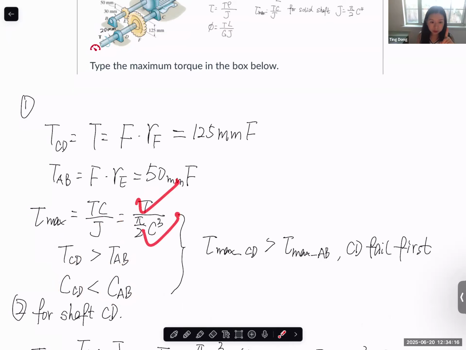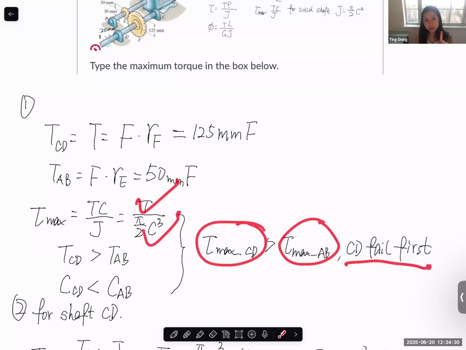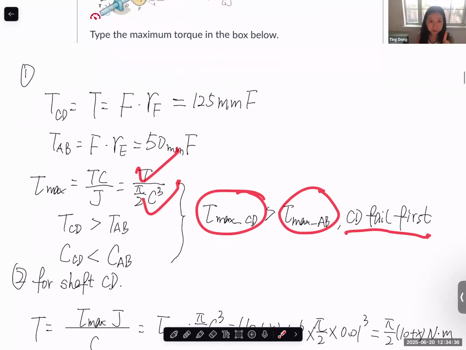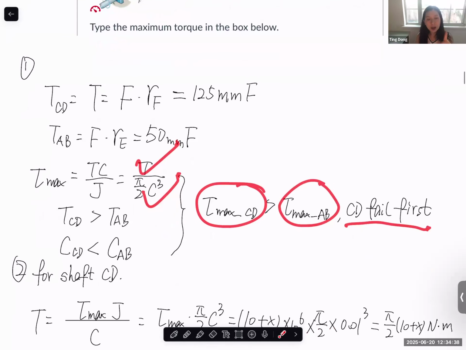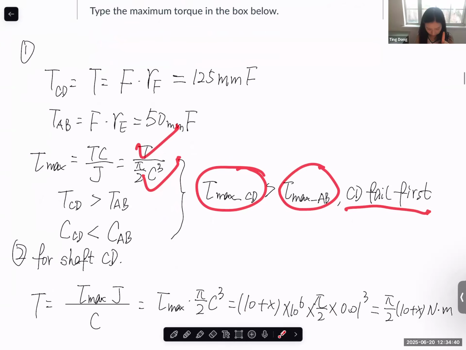So without calculation, we know that the maximum shear stress in CD is definitely higher than maximum shear stress in AB. So we only need to consider CD because CD will fail first, right? CD fails first.